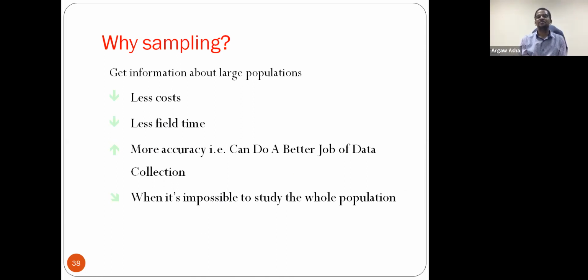But if you take a small sample, it gives you less field time and more accuracy, and a better job on data collection. And when it is impossible to study the whole population, you can use a sample.